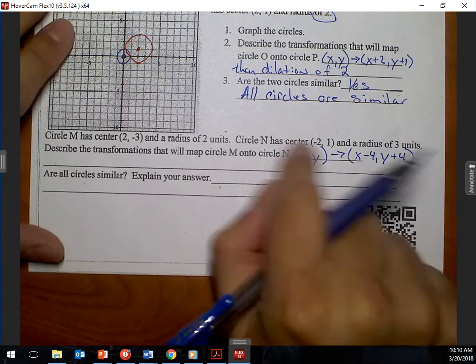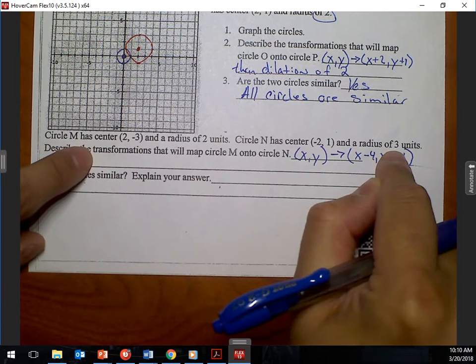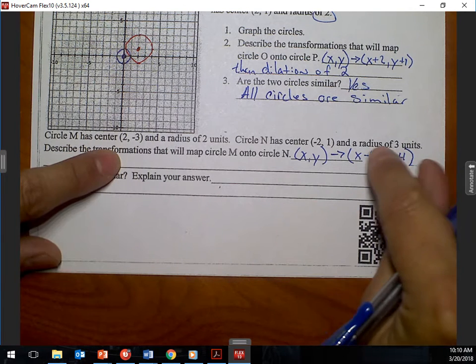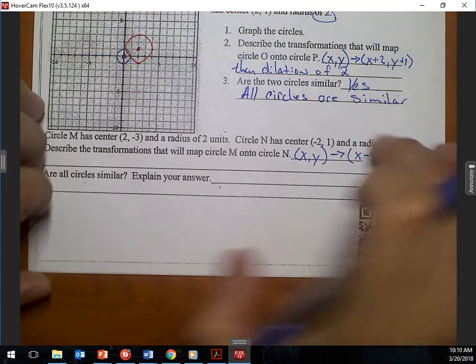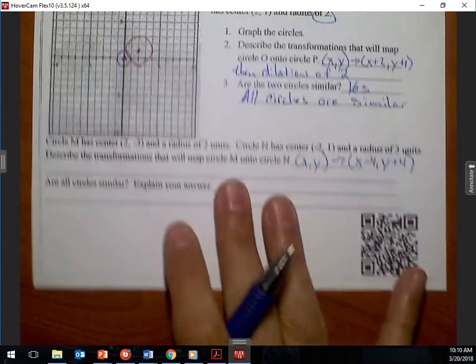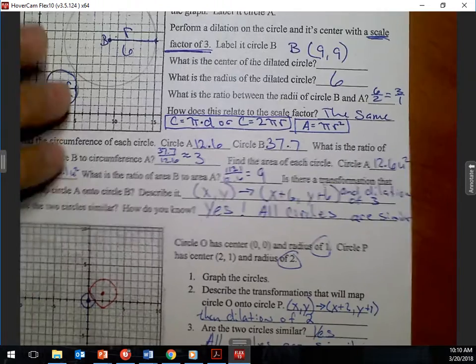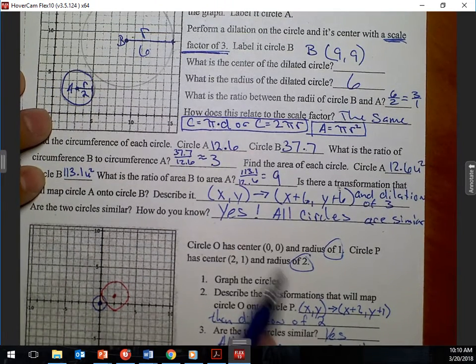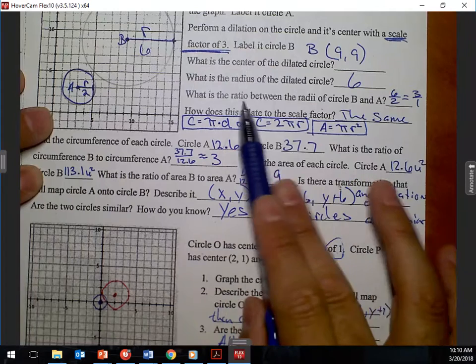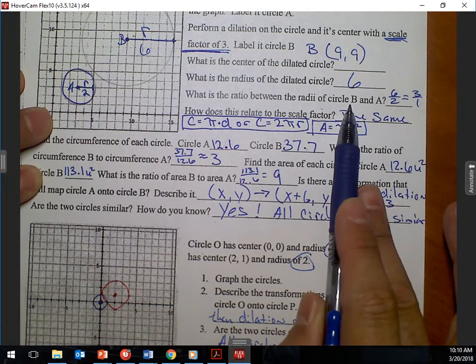Now I'm going to do the comparison. How would I find my scale factor? Let's go back up to the top. When we did this right here, we found the scale factor as the ratio between the radii of the circles.